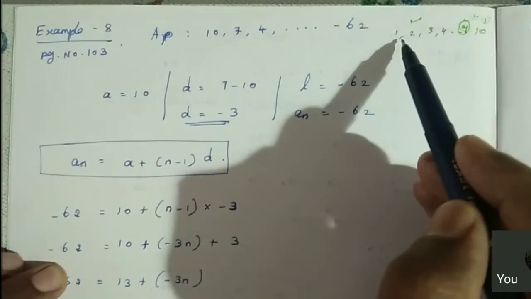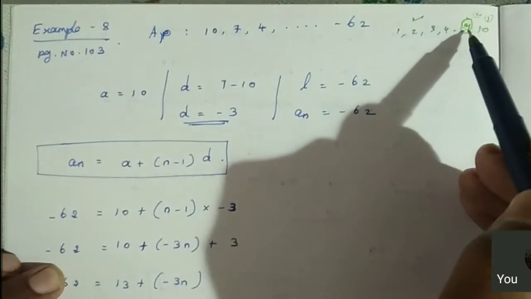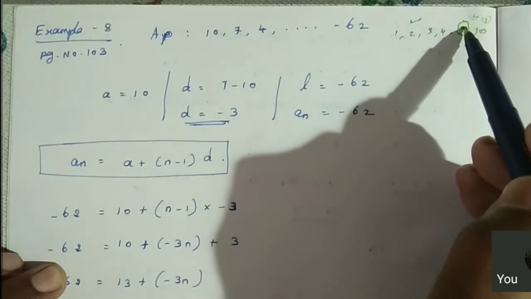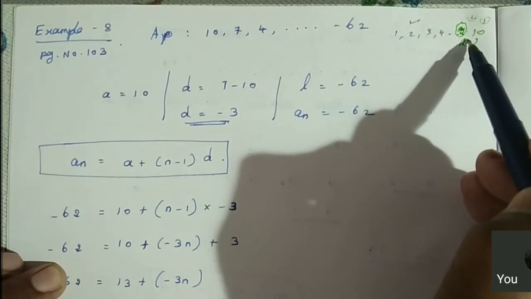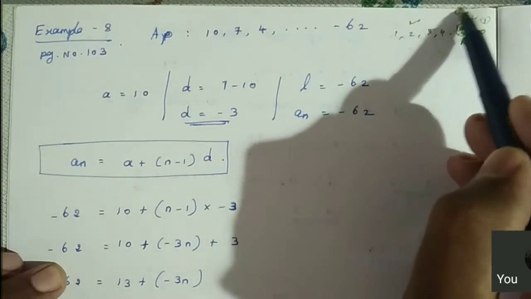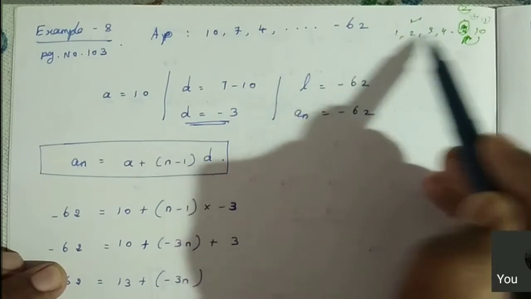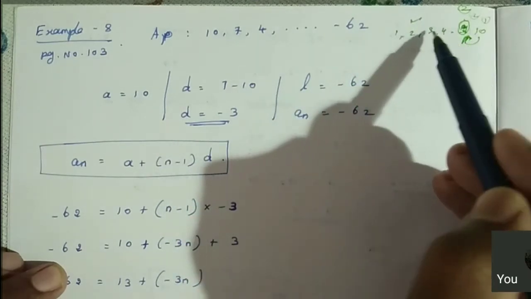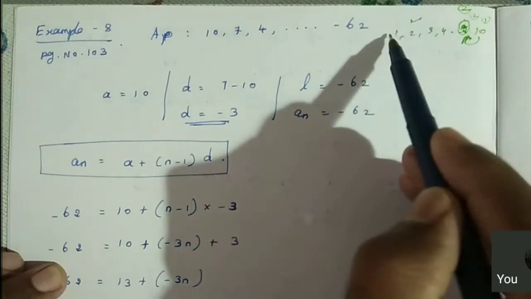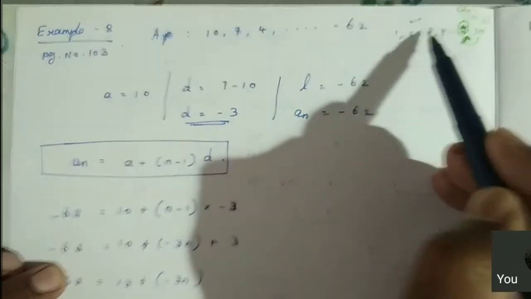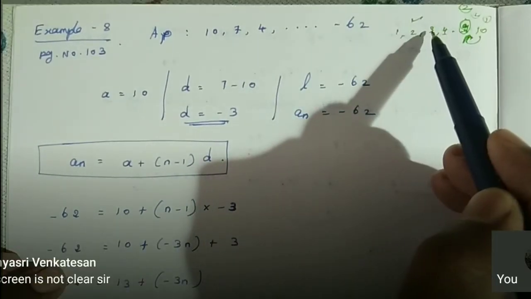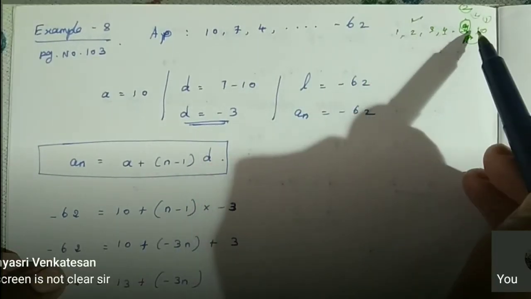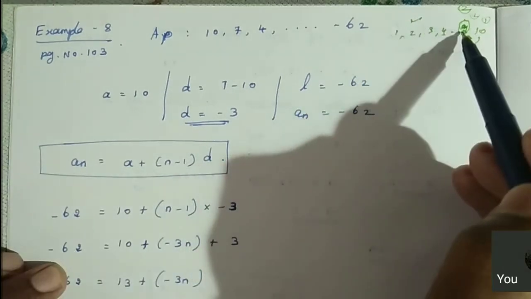Listen, for example, here it is 1, 2, 3, 4, etc., 10. We said it is the second term from the backside, from the last term. Now, you can tell me what is the actual term number from the front side, starting onwards?